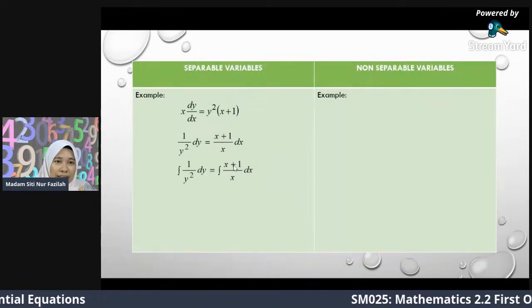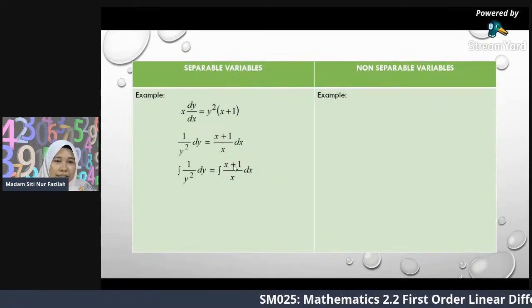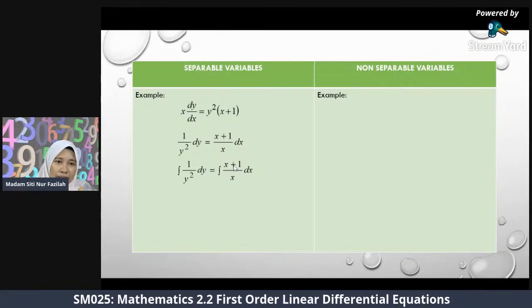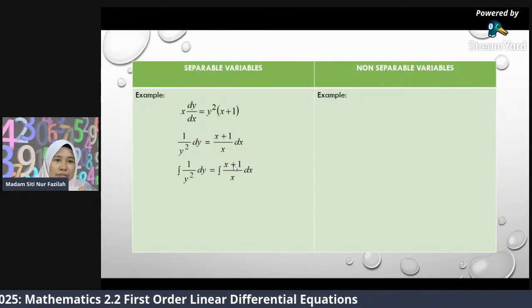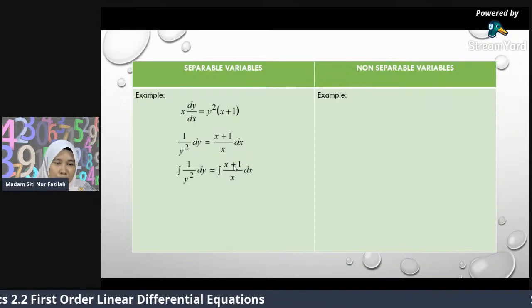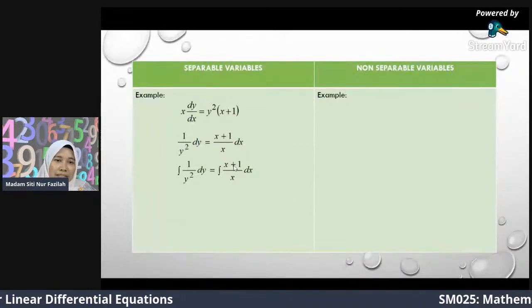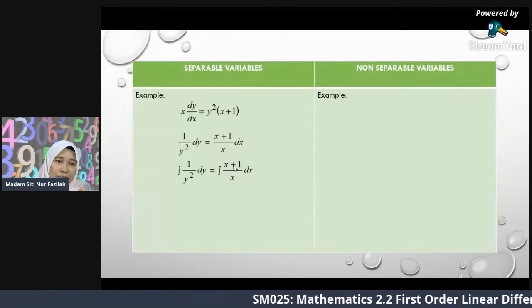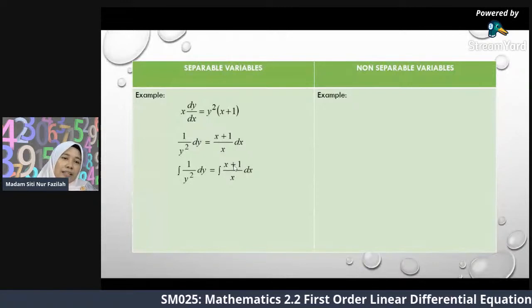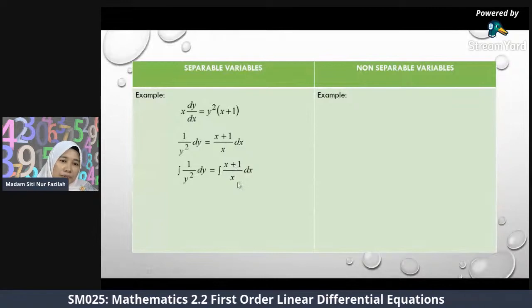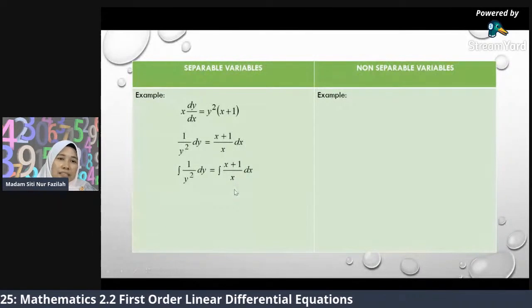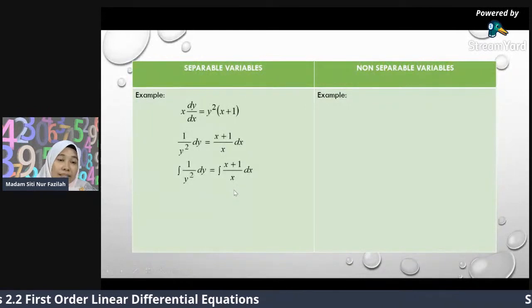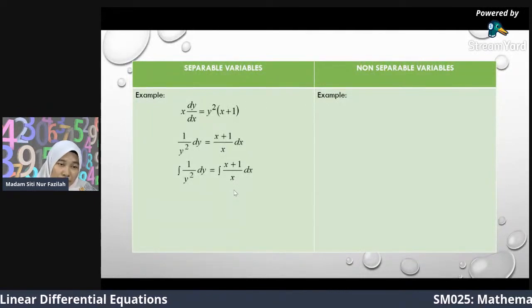We can see that we have split the function of x and the function of y. The y is on the side of dy, and the function of x is on the side of dx. Next, we integrate both sides, and after integration we get the general solution first.